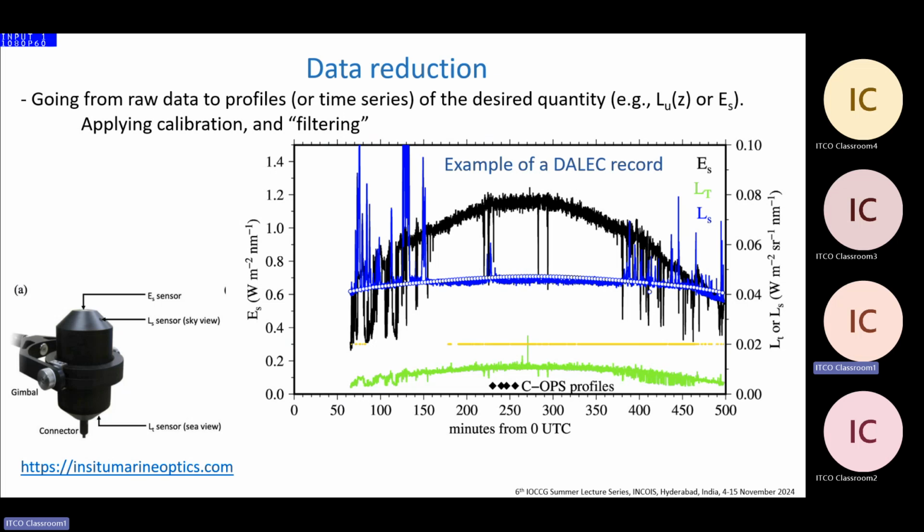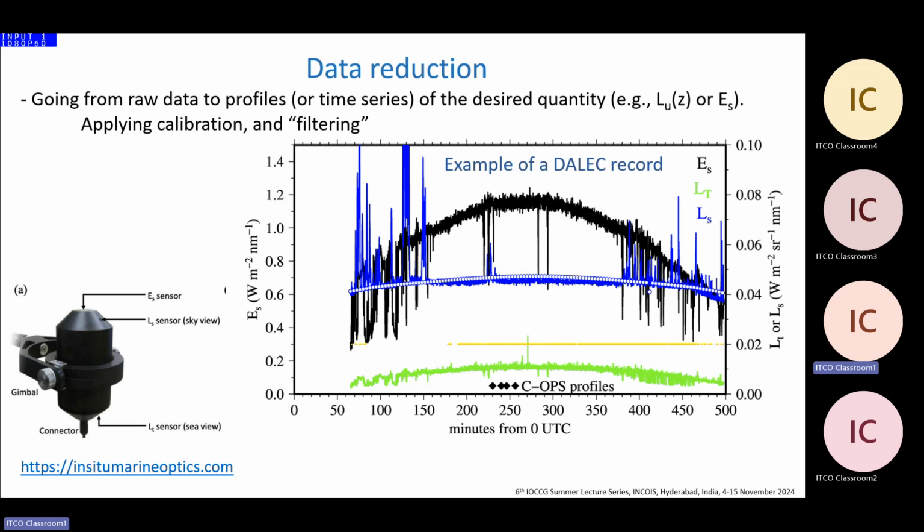One example is this DALEC sensor that we have been using quite a bit now. It's a sensor which collects measurements from above water, and you can install it somewhere on the ship and start it, and it does its own measurements. It orients itself with respect to the sun, and at the end you may end up with a full record over a given day.